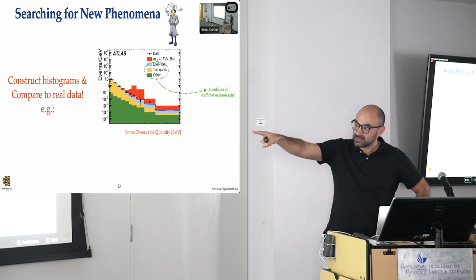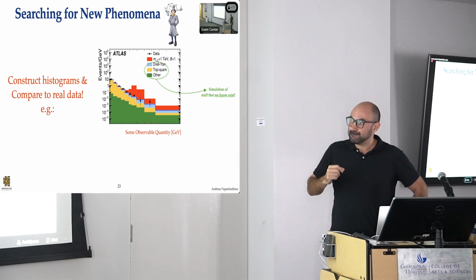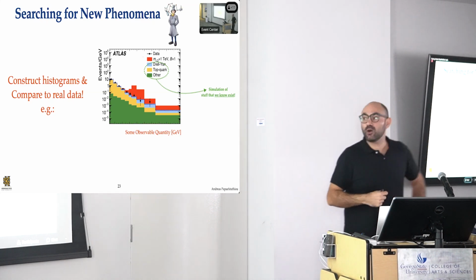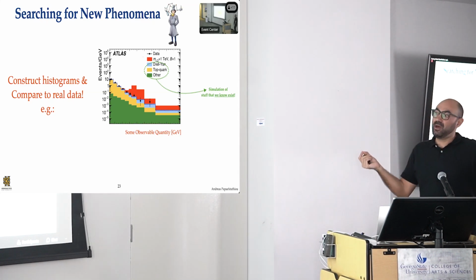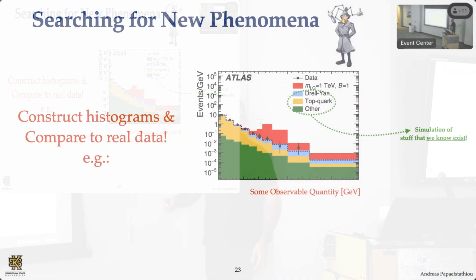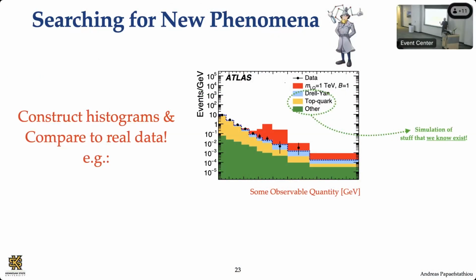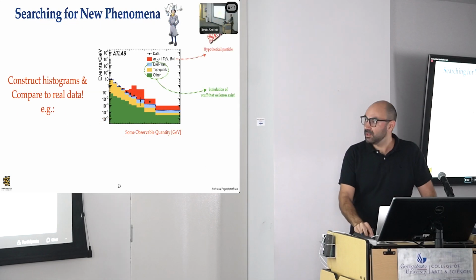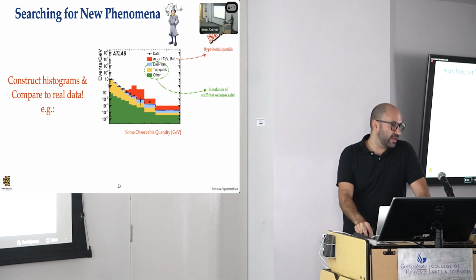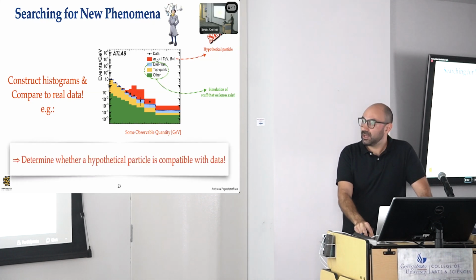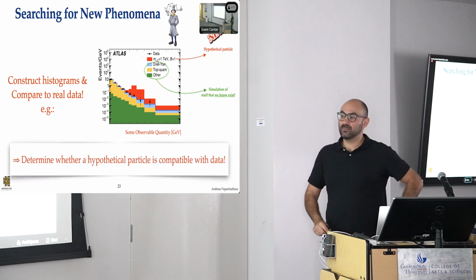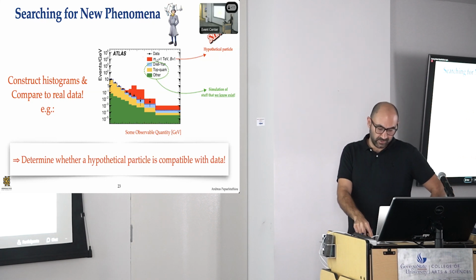The black dots, that hopefully you can see, are basically the experiment. You have to do a statistical comparison, but you can already see by eye that this red histogram is unlikely to be compatible with reality. The red histogram is far beyond the black data points. So the hypothetical particle is not likely to be there, given my experimental results. This is a way to determine whether a hypothetical particle is compatible with data.